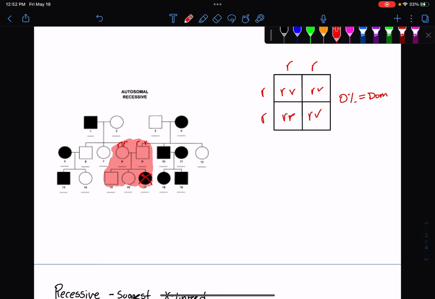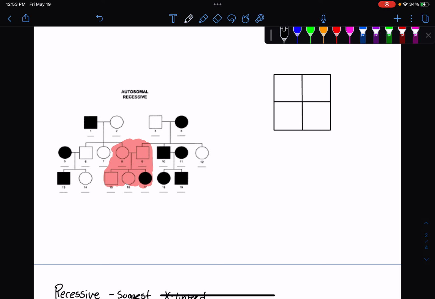There was a 0 chance of this being possible. So that's how we know this is not dominant. Actually, I'll just do this. It's easier. That's how you really hone in on why this is recessive.